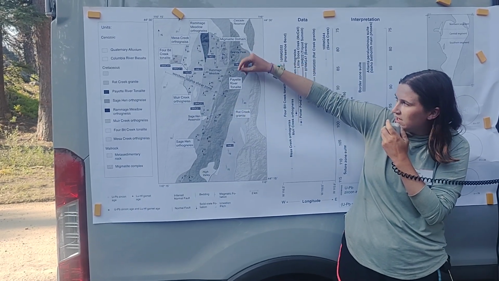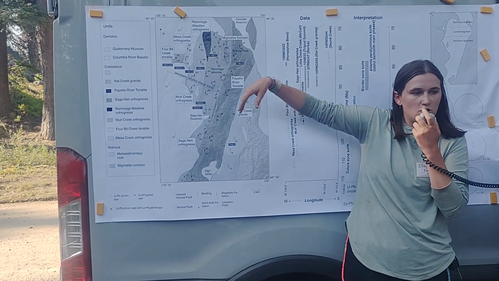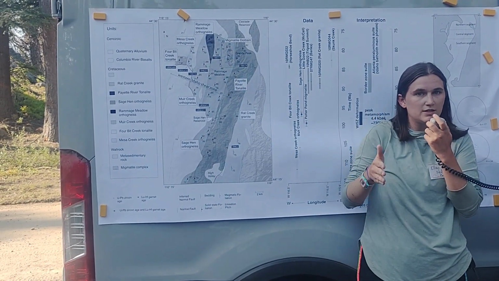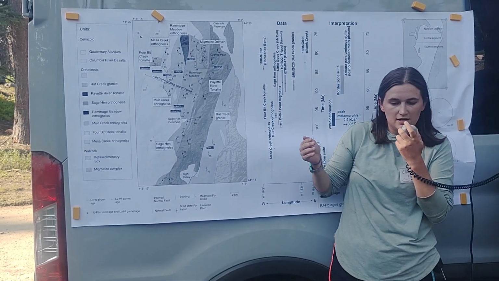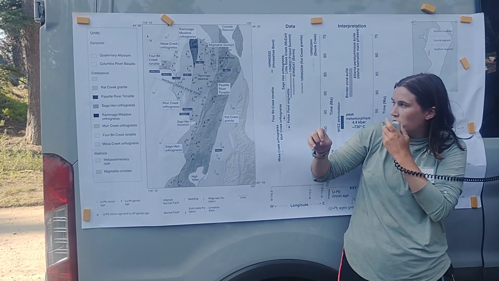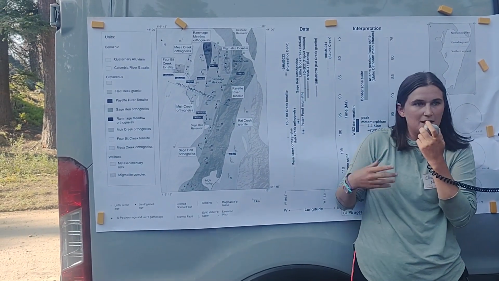And what we see in the main part of the western Idaho shear zone, remember yesterday we were looking at those really strong fabrics. Those were a lot of solid state fabrics where you're getting this sort of elongation of the quartz grains and stuff. But in this Payette River Tonalite, it's what's called a magmatic fabric.